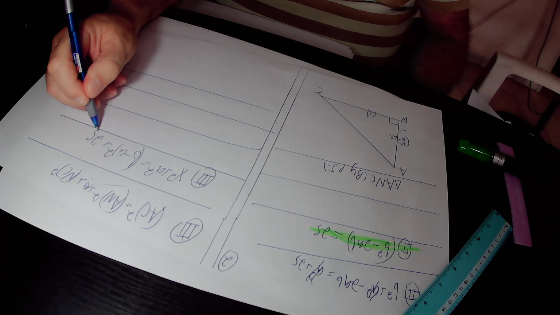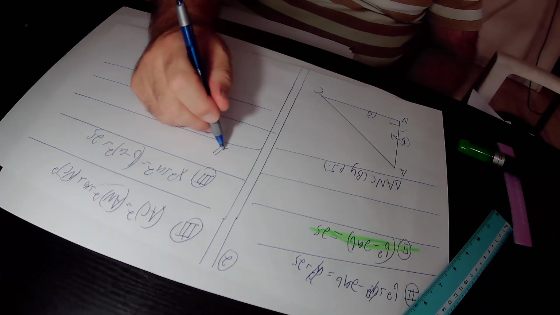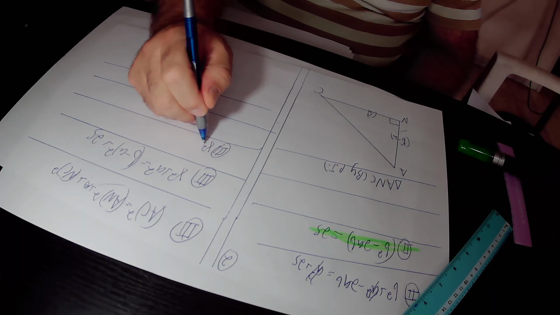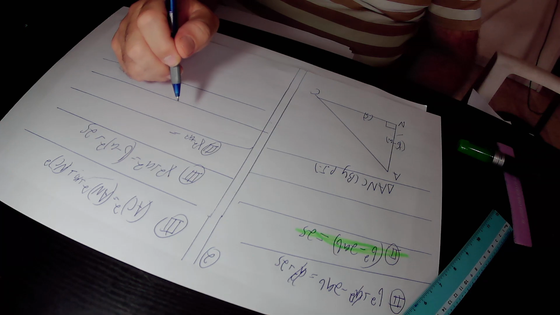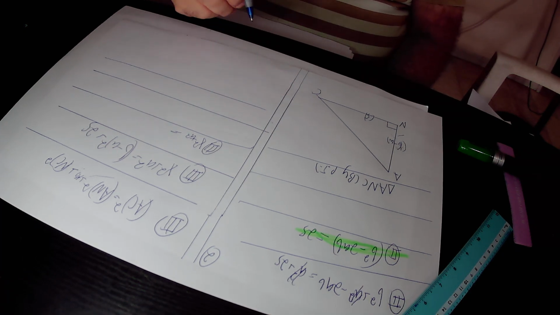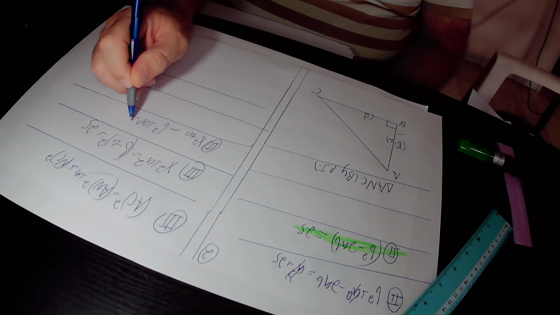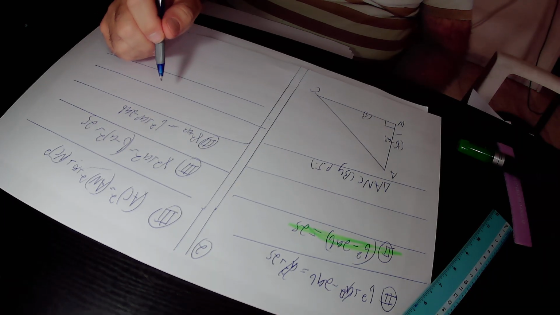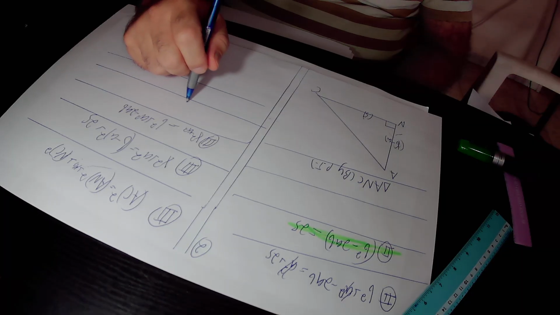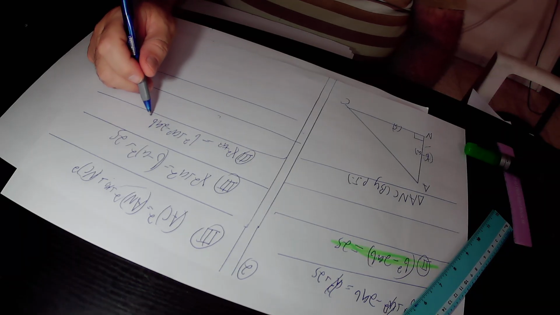So according to equation 3, we have found that x squared plus a squared equals b minus a squared plus 25. So x squared plus a squared equals b minus a squared, which is b squared plus a squared minus 2 times a times b, plus 25.